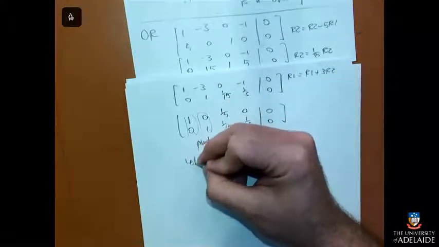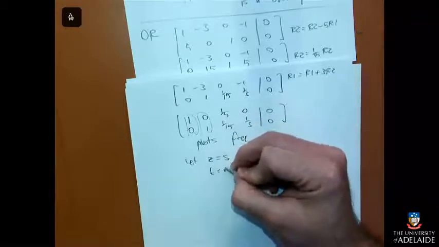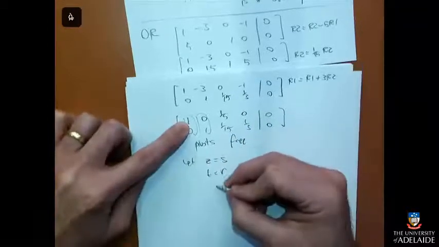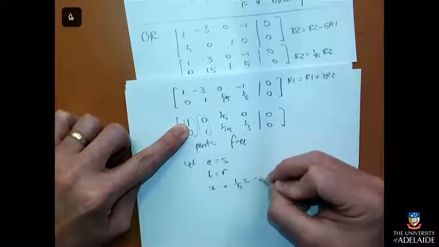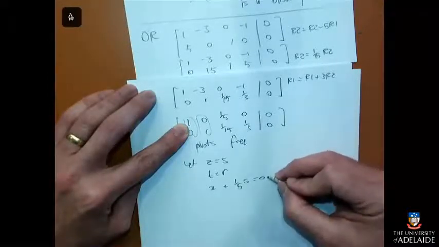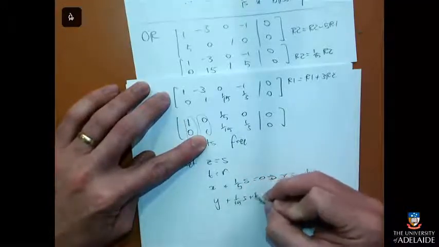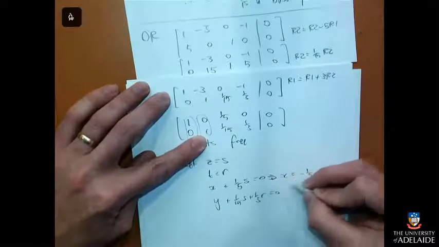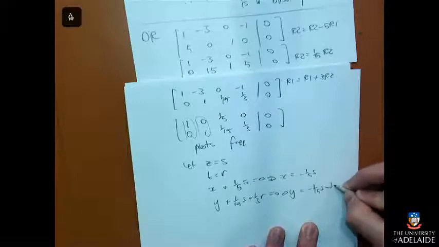And these would be free. And so I would go, let Z equals S and T equals R. And then I'd have X plus a fifth of S is 0, so X is equal to, and Y plus a 15th of S plus a third of R is 0. And so I would have gotten this.